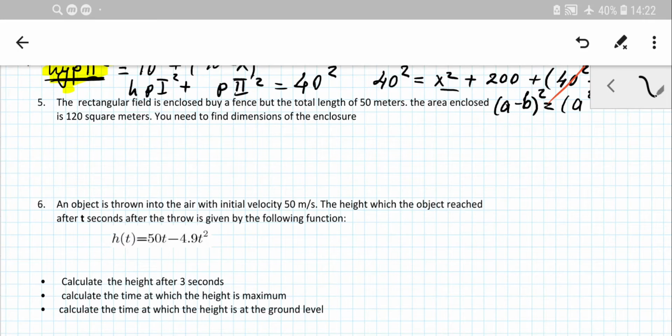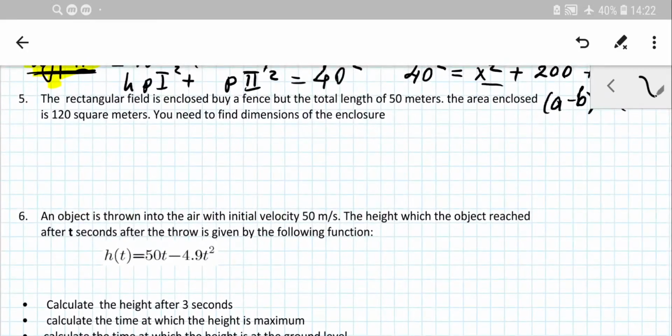So what is this page about? A rectangular field enclosed by the fence with the total length, here is a misprint, with the total length of 50 meters. That rectangular field is enclosed by the fence. So that's the field here, and it's closed with the total length. So basically what we have is the perimeter, the length of the fence.